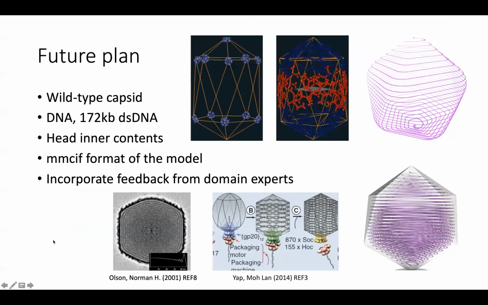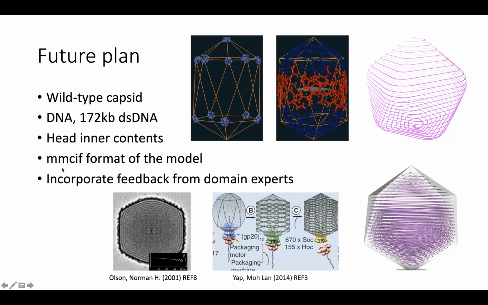Right now, we are building the wild type capsid on the elongated icosahedron. We are looking for information about the DNA packaging and thinking of ways to model it. We are looking for suggestions and information on how to handle the inner contents inside the head.